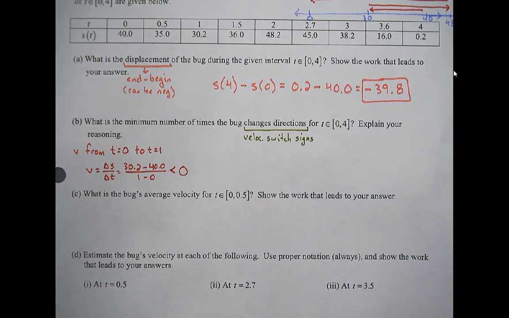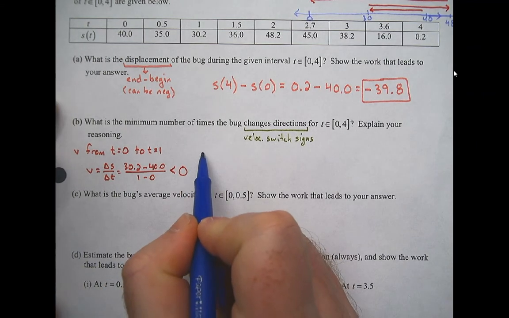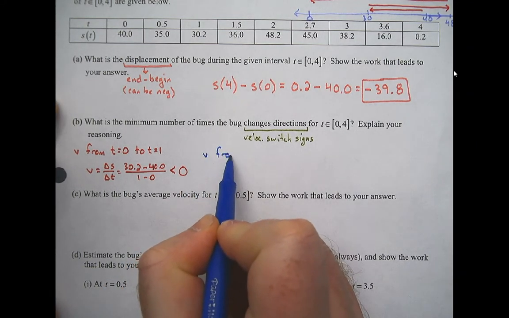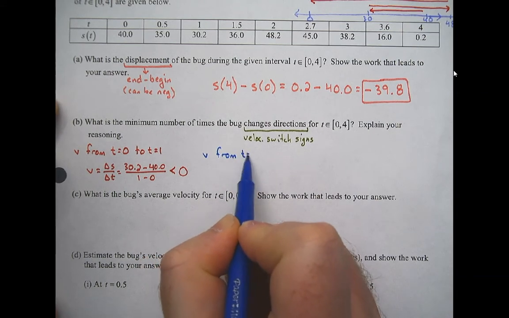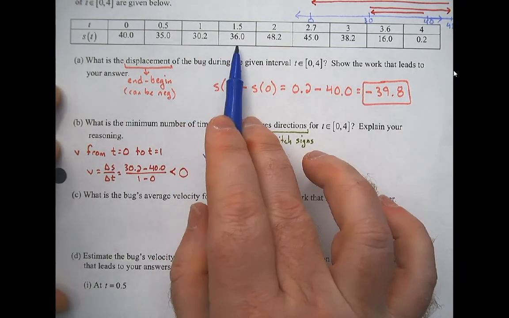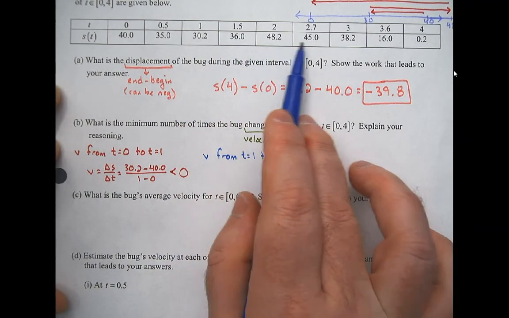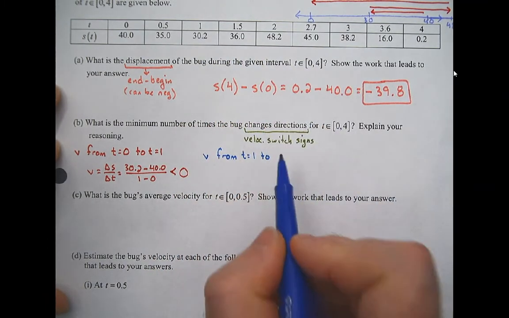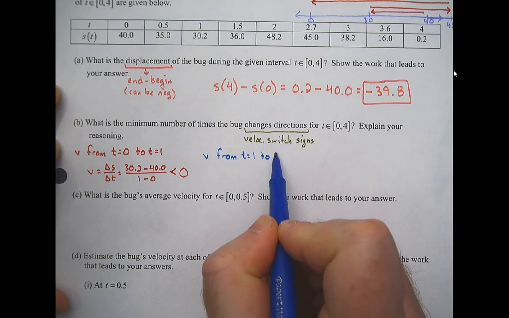Now I'm going to calculate my velocity from t equals 1 until, when do I think we change back? I think at around 2, we change back to the other direction. So I'm going to look at what happens from time 1 until time 2.